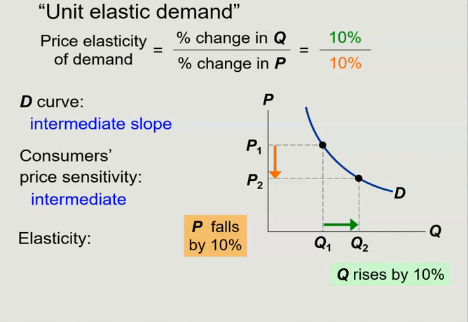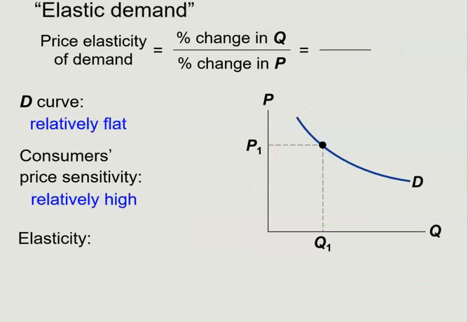The percentage change in quantity demanded and percentage change in price are exactly the same. So on the top of the slide, the price elasticity of demand would be equal to 1. In this case, consumers' price sensitivity is intermediate.